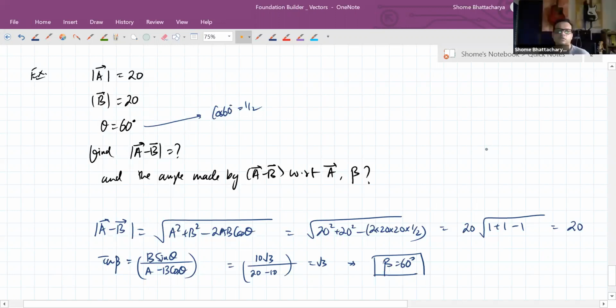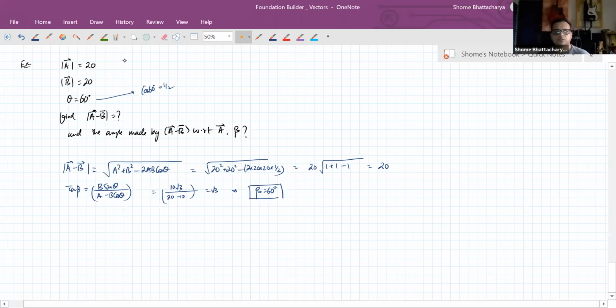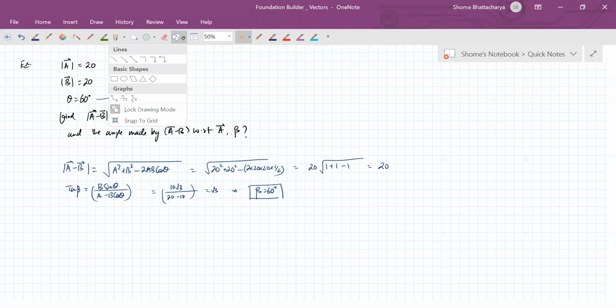To understand why this is happening, because in this case you can see the two vectors we are talking about, a and b, they are like this.